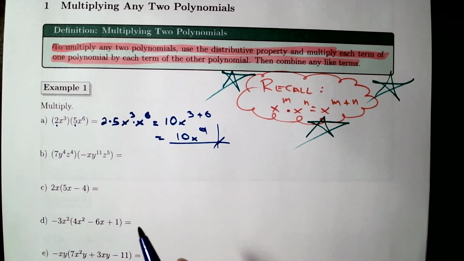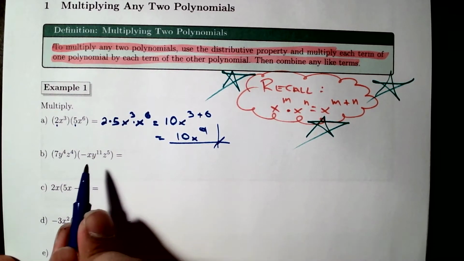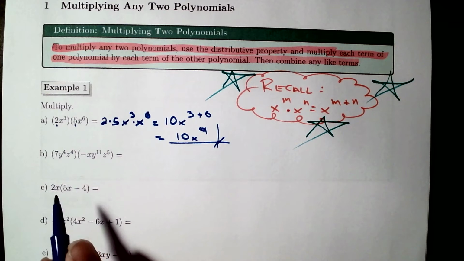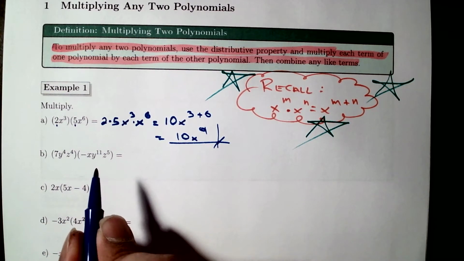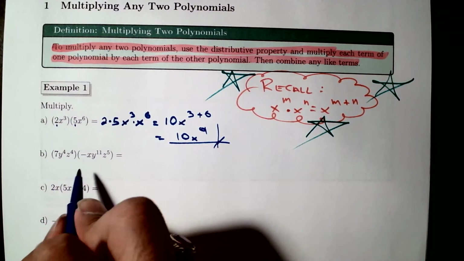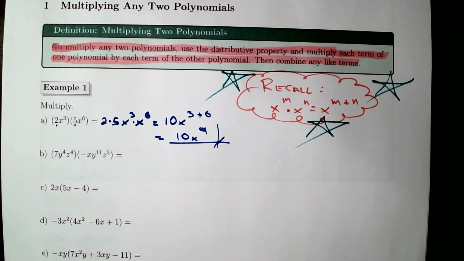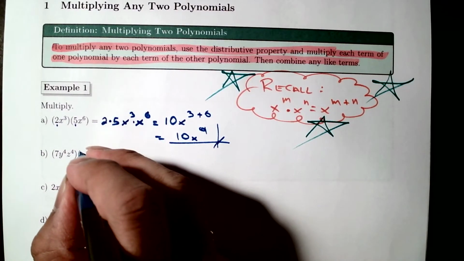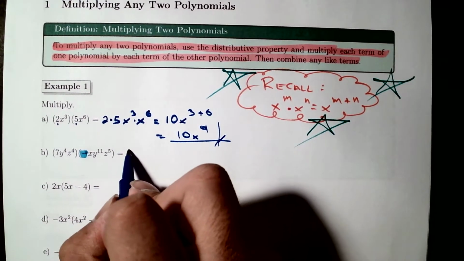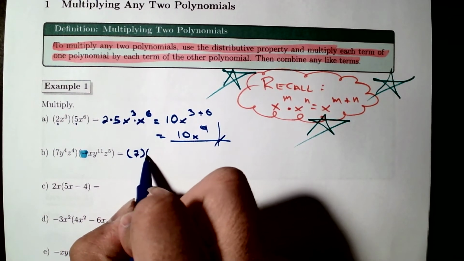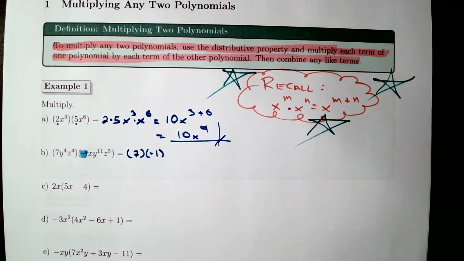Alright, let's do the same over here. You might want to be very, very careful when dealing with a lot of variables at the same time. So in these cases, let's highlight the coefficients. Notice the coefficient here is -1, so we're going to have 7 times -1.